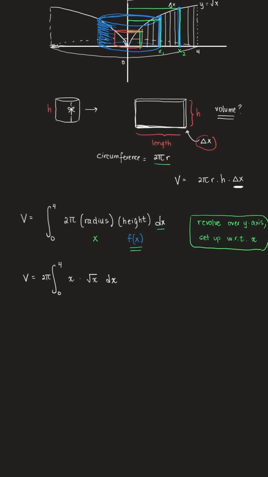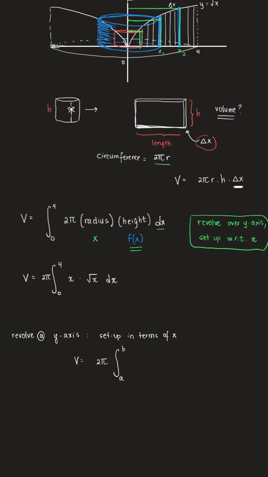So volume, revolve about the y-axis. Let's just generalize here, and then I'll probably stop tonight and start with this work on Thursday at the beginning of class. Revolve about the y-axis, set up in terms of x. In general, we'll always have that 2 pi on the outside that comes from the circumference.